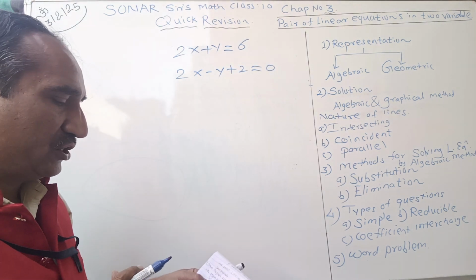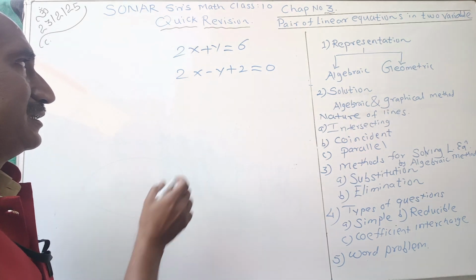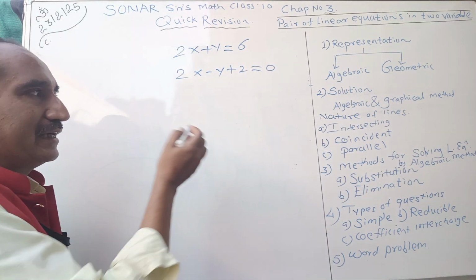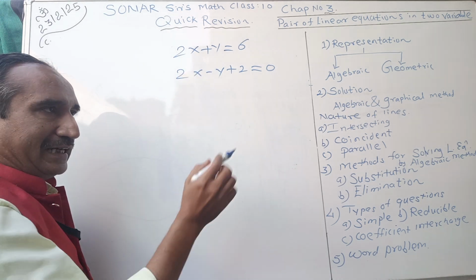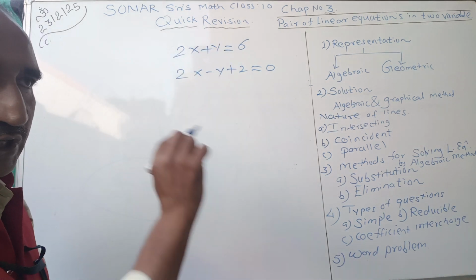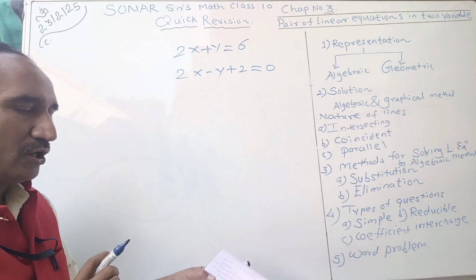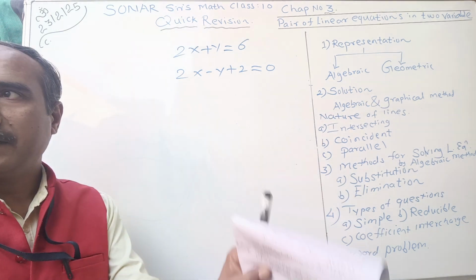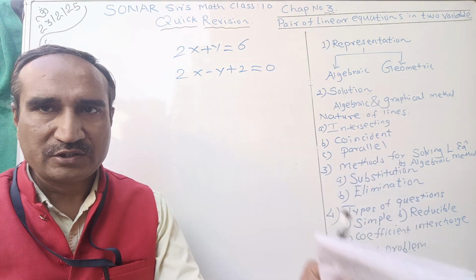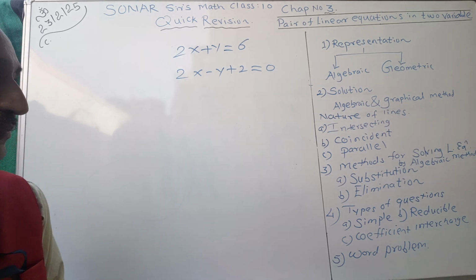Shade the region bounded by these lines and the x-axis. Also find the area of the shaded region, and whatever shaded region we get, we have to find its solution also. So we'll discuss this graphical solution now.